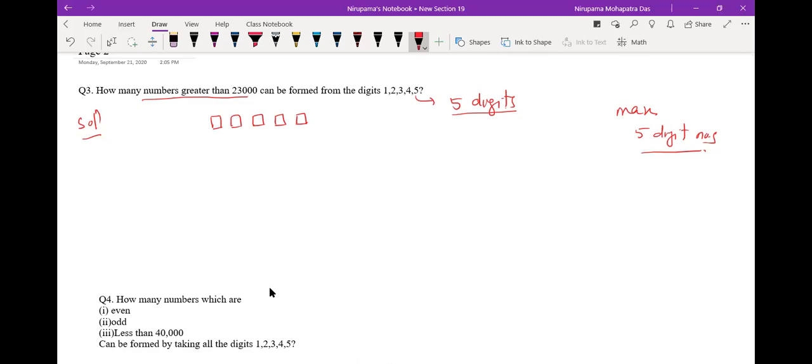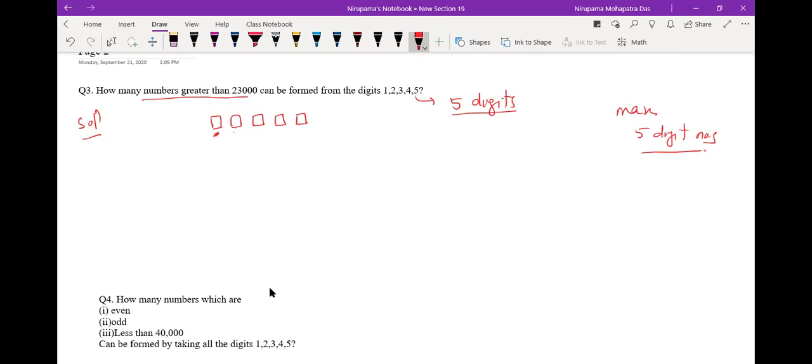First of all, we have to see, here you cannot have 1, and if you have 2 here, that means you cannot have 2, 1, right? And 2, 2 you cannot have because repetition is not there, right?